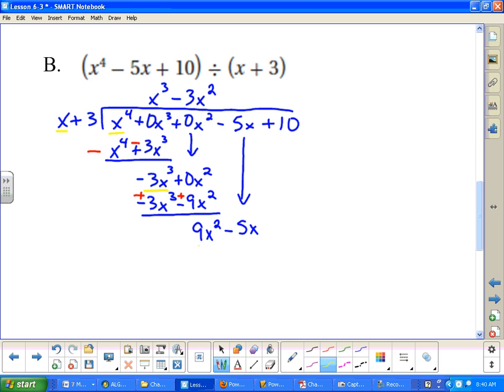So here we're focused here again. 9x squared divided by x, 9x. Multiply, get 9x squared plus 27x. 9x times 3.